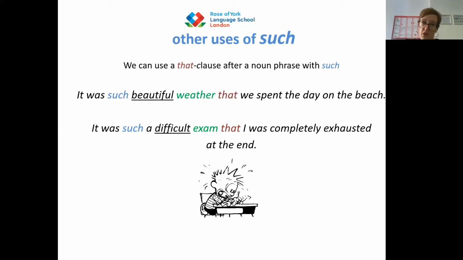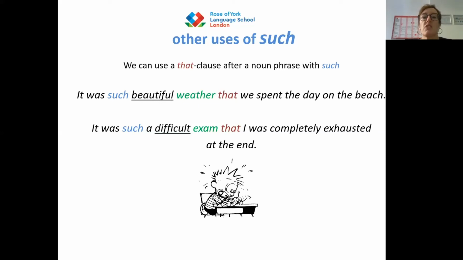So this is a much longer sentence, much more elaborate, but again it's easy-ish to produce. Such, so look at the structure, such a difficult exam. Again, noun phrase. Yes, we have the adjective there, which is underlined, but it's an adjective describing something, so that's a noun phrase.